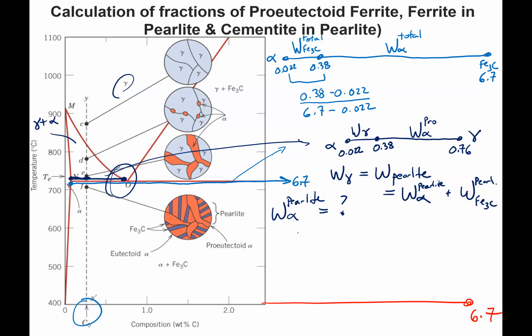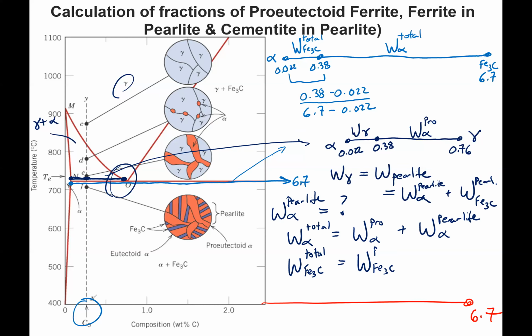Well, let's just remind ourselves about these equations that we have in that bottom tie line. Total alpha is going to be pro-eutectoid alpha plus alpha in pearlite. And these equations always hold. So we can also write total cementite is equal to the pro-eutectoid cementite plus the cementite in the pearlite.